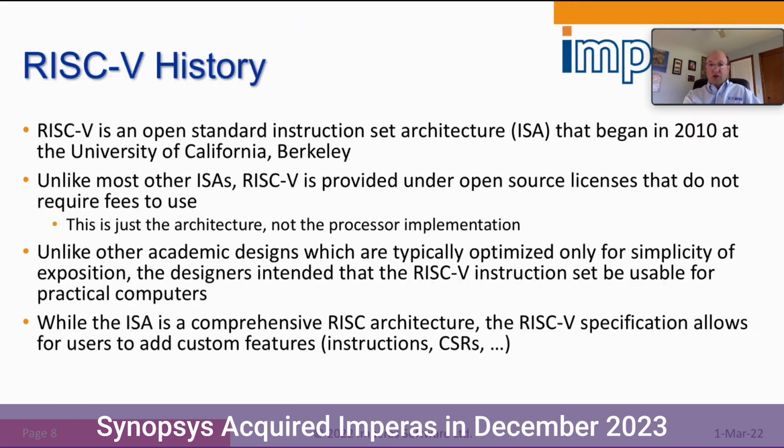So why RISC-V? It's an open standard, began in 2010 at the University of California, Berkeley. If you look close, you might actually see some Berkeley memorabilia on my wall back there. But that was actually a long time before 2010. Unlike most other ISAs, RISC-V is provided under open source licenses that do not require fees to use. This is just the architecture, not the processor implementation.